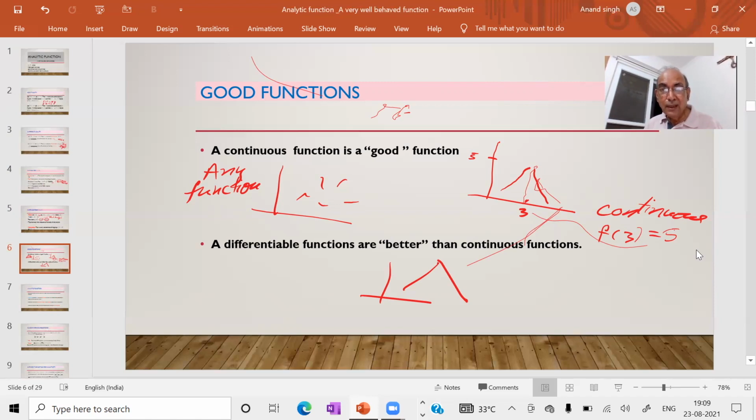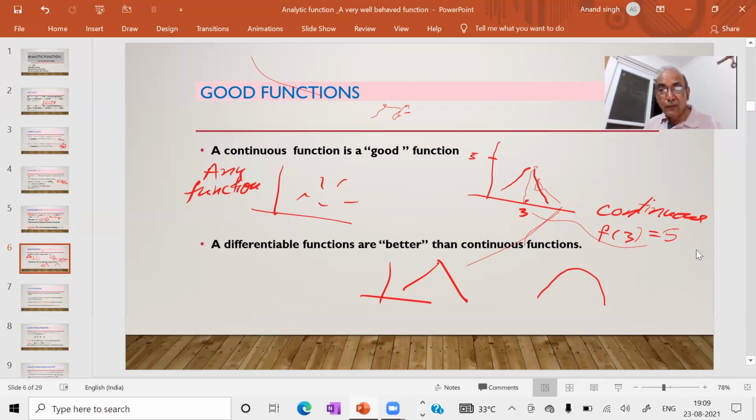However, if it was smooth, then it is differentiable. So no doubt I can get the idea of what is happening here. Here also I can get it, but I can say something more than that, that it is not only that number, but the curve that you are going to get is smooth. Here I can say how the curve is going to be.